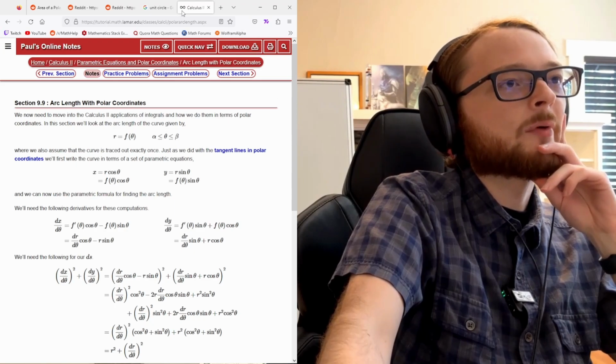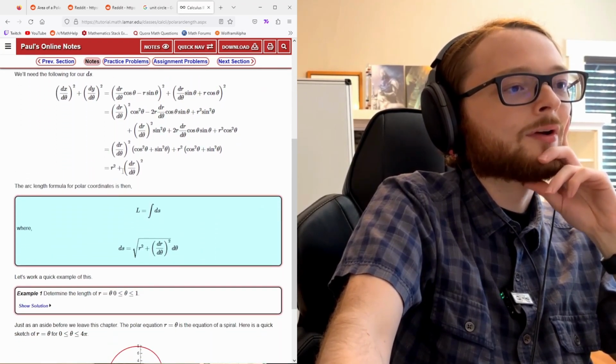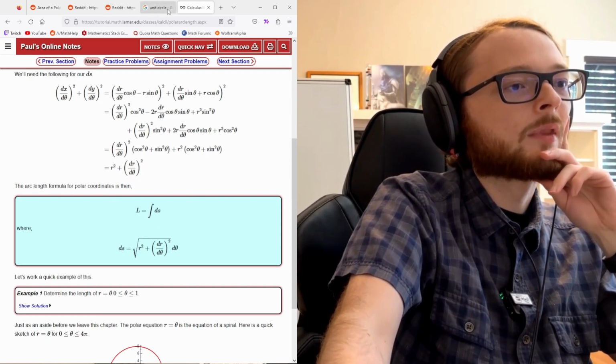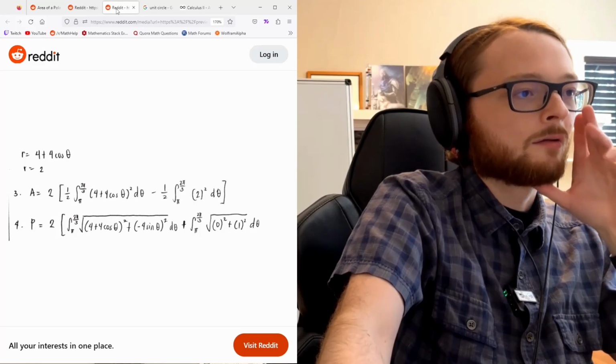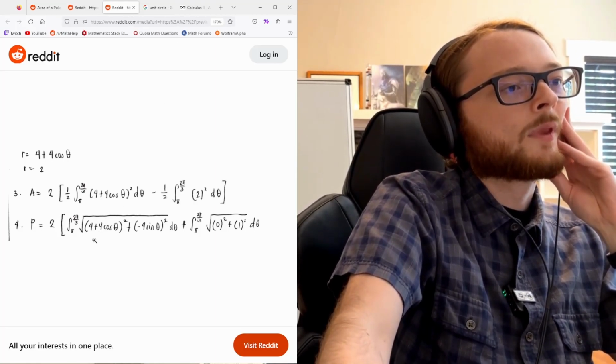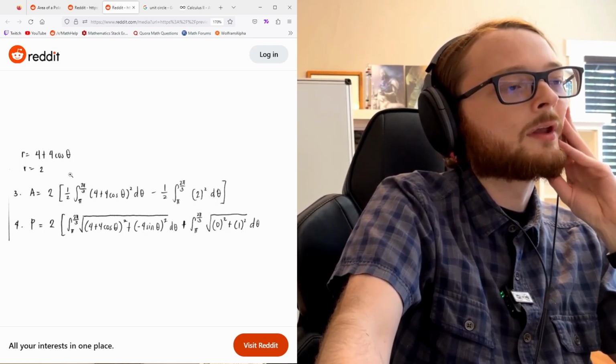They changed the symbol for the website to the infinity, and it throws me off. The formula is r squared plus (dr by d theta) squared. Okay. Good.